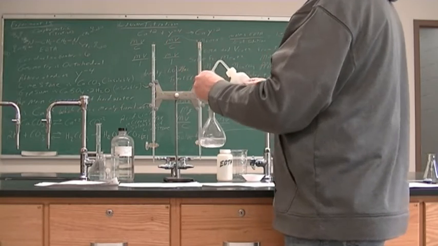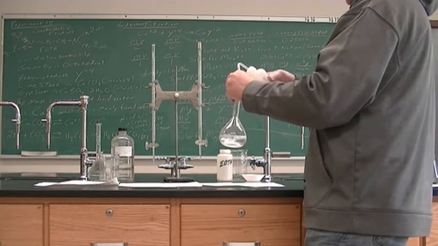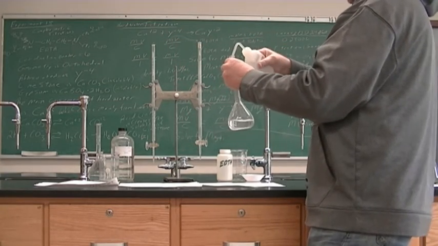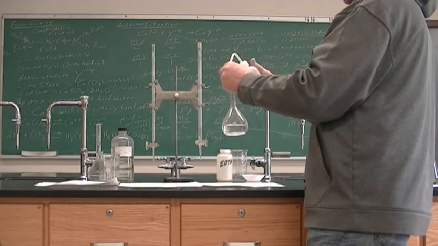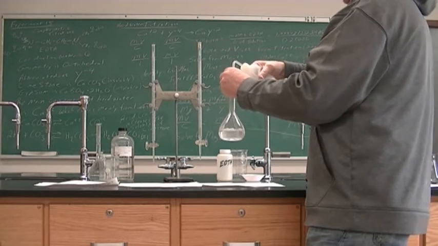And then I have my two burettes. They are both deionized water wet. Again, we will thrice rinse them with our solutions, and then we are going to be ready for our titration.